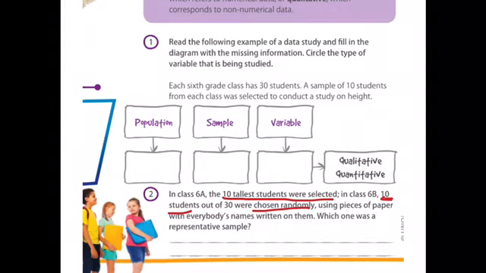So now, if you observe what I underlined, one group was selected by specific criteria, only the tallest students. But in the other group, they were selected randomly. So it's not the same. That means that the sample was taken from 6B. So let's check.